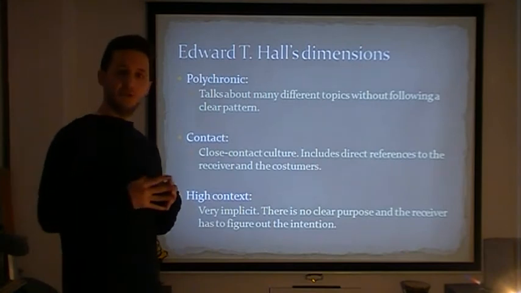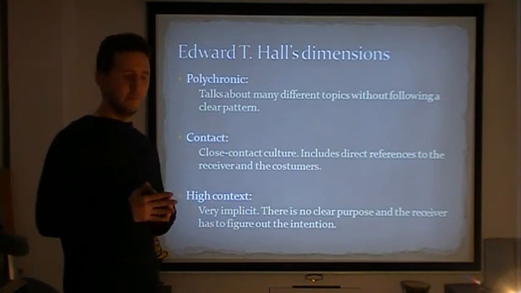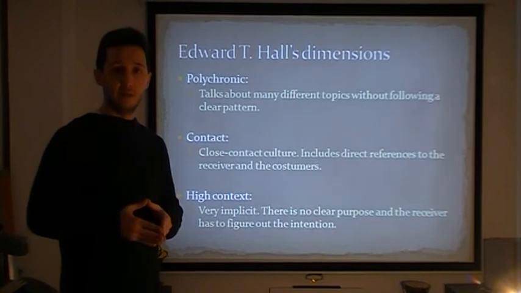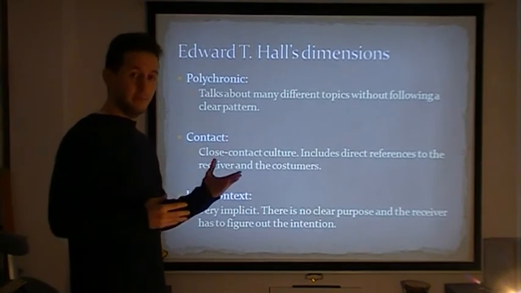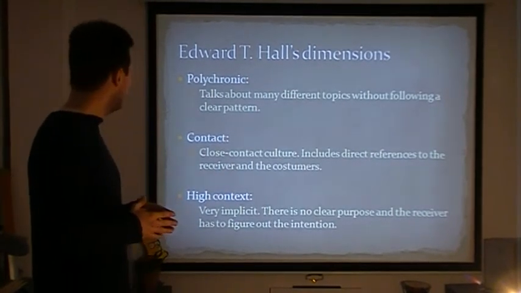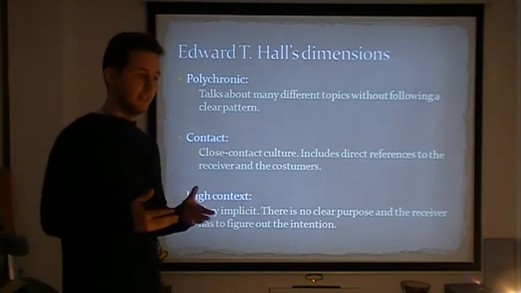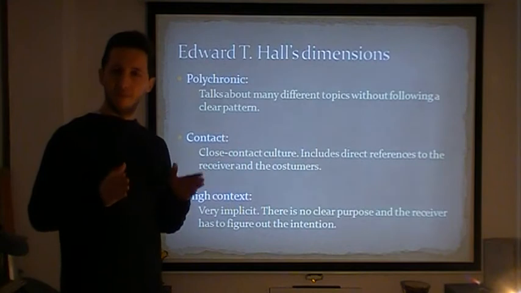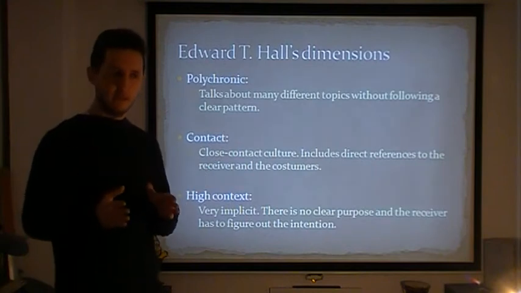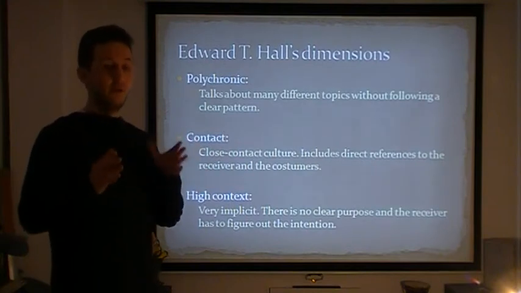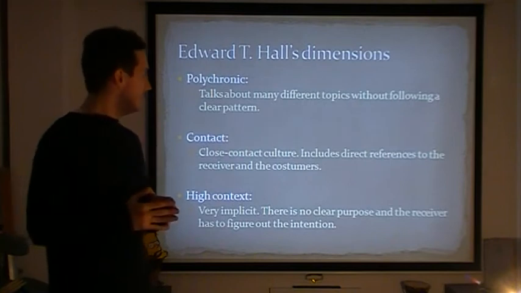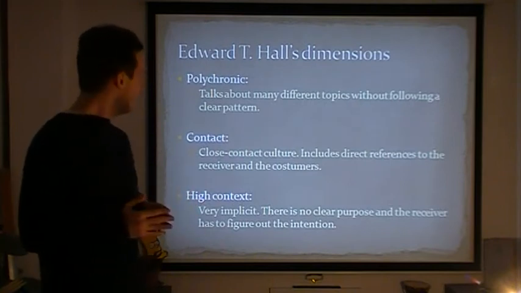Now, I'll try to describe this version of the letter in terms of the invisible dimensions provided by T. Hall. We could say that it is polychronic in the sense that it talks about many different things without focusing on one thing in particular, which makes it difficult to follow.